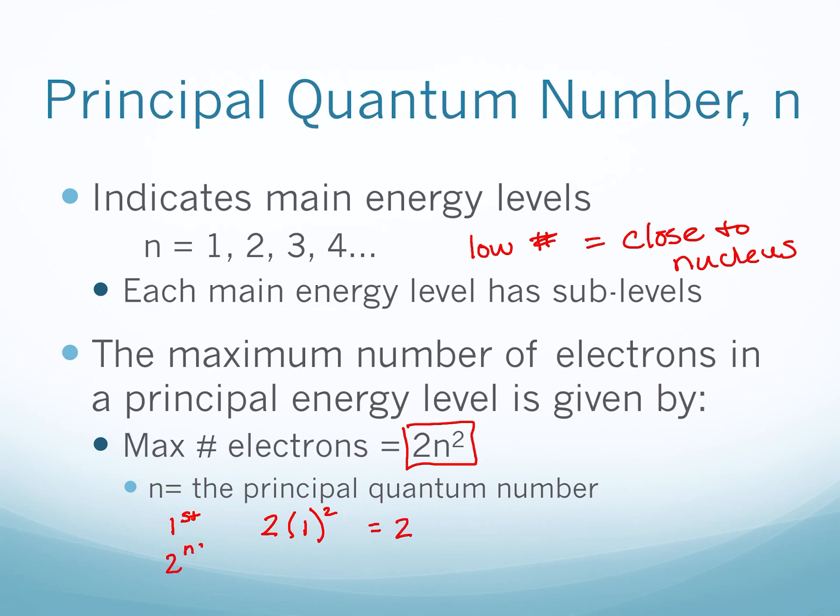In the second energy level, it's 2 times 2 squared. 2 squared is 4, times 2 will give us 8. You can do it for the third energy level. So we have 3 squared, which is 9, times 2 gives us 18, and so forth. So that's how many electrons can go in each one of these energy levels.